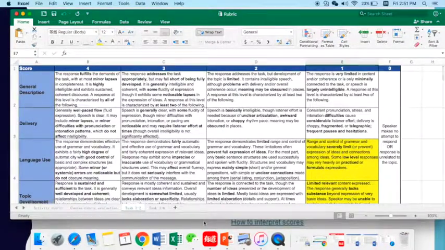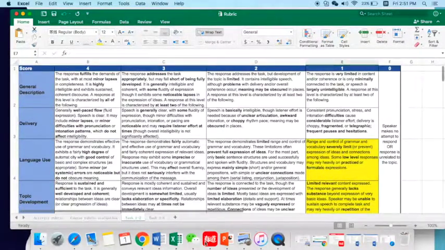It looks very complicated, but you can see the grading authority will grade from the following 4 criteria for each speaking task, which are general description, delivery, language use, and topic development. Each criterion has several levels, from 4 points to 1 point, which could also be understood as good, fair, limited, and weak.